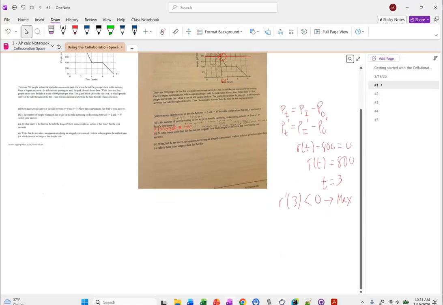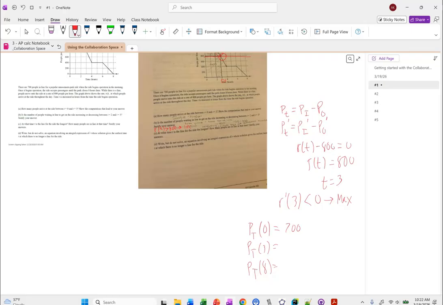But I should also check a couple of other things, right? I need to check at 0, at 3, and at 8. So that's the start of the day, where this maximum value is, and the end of the day, because this is really a closed interval situation. There's 700 people in line at the start of the day.